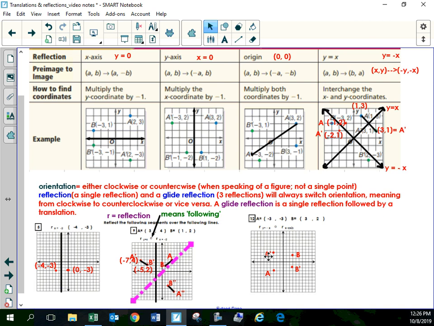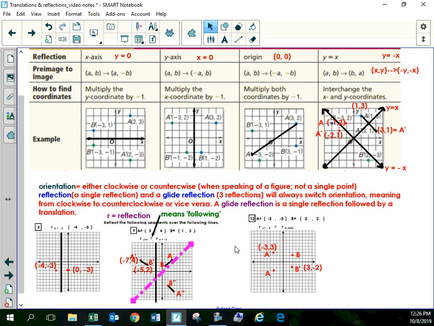So let's go ahead and name these points right here. That's -3, +3 for that point. And this point is 3, -2, for my B prime. So now it tells me exactly what to do.